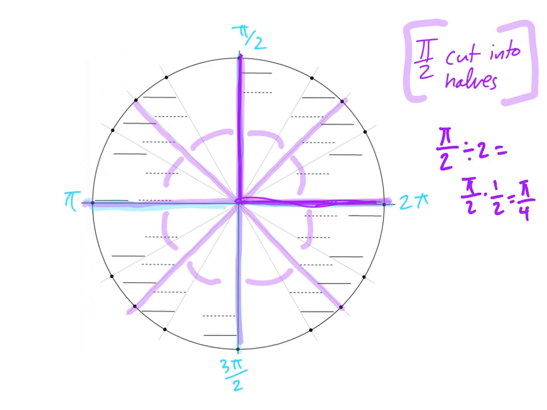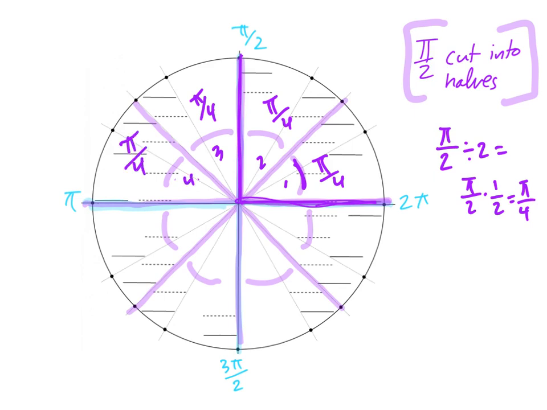So now the size of my cuts is pi over 4. So each one of these chunks is now pi over 4. That's 1, 2, 3, pi over 4. Out here, pi over 4.